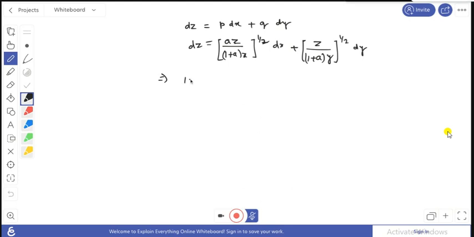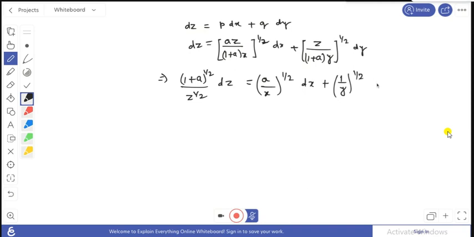This means 1 plus a to the power half हो गए. z to the power half यहाँ, z to the power half यहाँ, तो this is z to the power half, this is dz. और इस साइड में हो गए हमारे a to the power half means a by x to the power half dx, और यहाँ हो गए हमारे पास simple 1 by y to the power half dy.